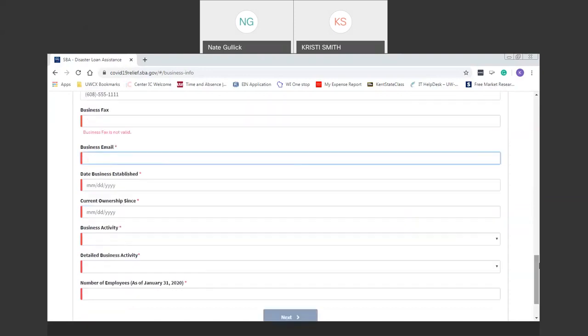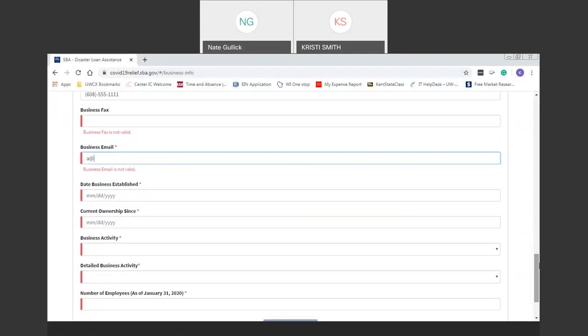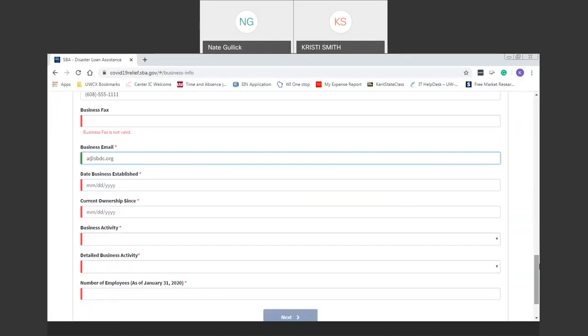The business email here would be the customer's email address or your own email address if you're applying on your own behalf. So in this case, my email is a@sbdc.org, something like that. The date the business is established. This is when the business itself was founded.